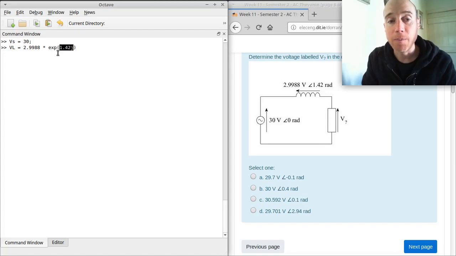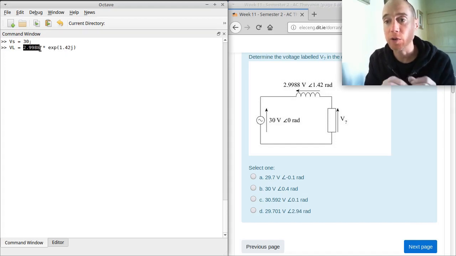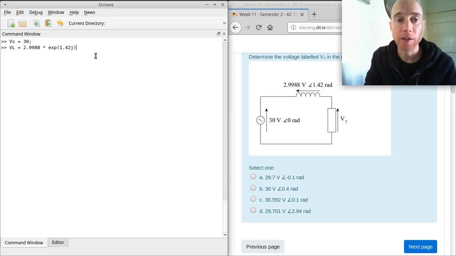What makes e significant here is that when you raise it to the power of an imaginary number, you will always end up with a complex number of magnitude 1, but with an angle exactly equal to the magnitude of the imaginary number. So in this case, an angle of 1.42 radians. This gives us a phasor which has the right angle, but only a magnitude of 1, and then we multiply it by the magnitude that we want in order to scale it up to the size that we need. So that's VL.